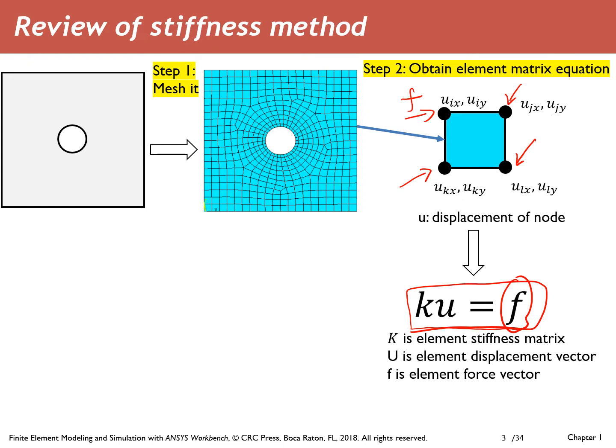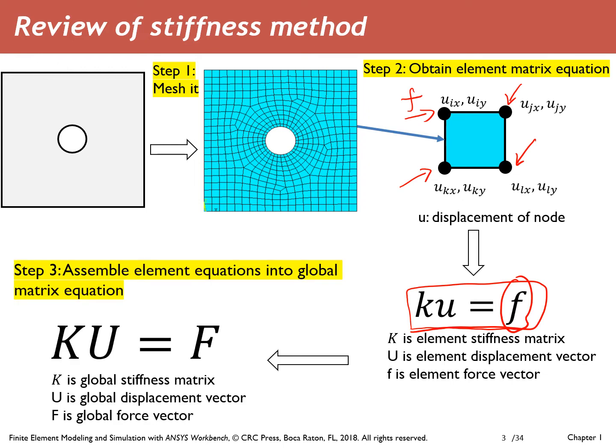You can imagine there will be many local matrix equations, one for each element, and then we assemble them. If we assemble the local or element equations, they become a global matrix equation. Depending on the number of elements, it will generate a larger scale matrix equation.